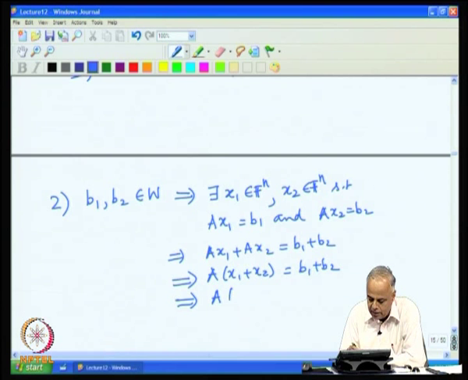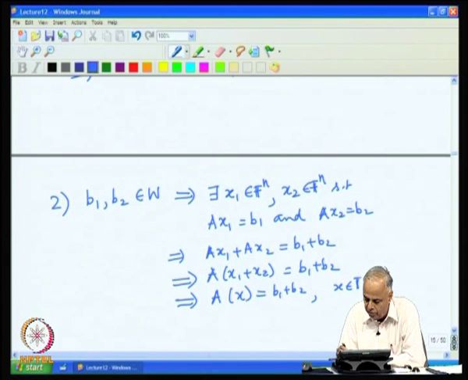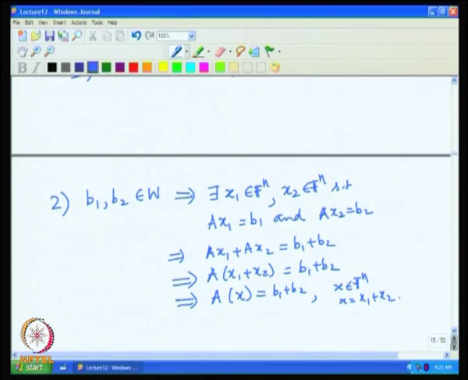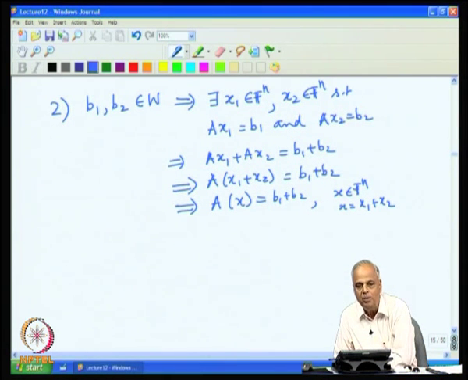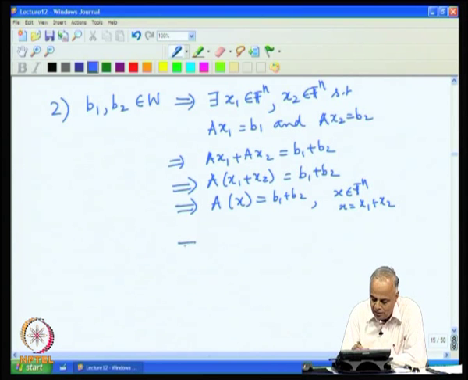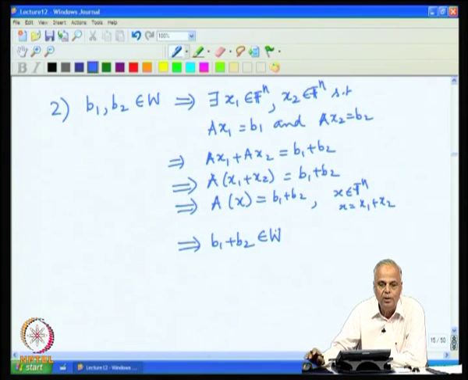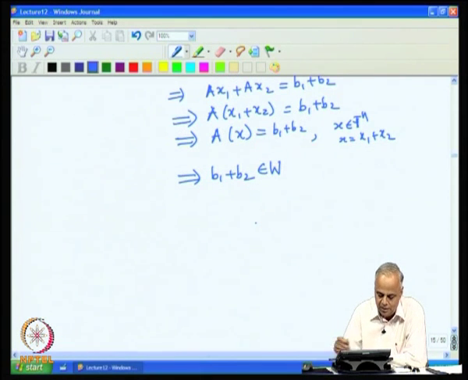Let us call it x, x belonging to F n, x equal to x1 plus x2. Therefore, it says the system A x equal to b1 plus b2 has a solution, and that means b1 plus b2 is qualified to be in W. Therefore, W is closed under addition.